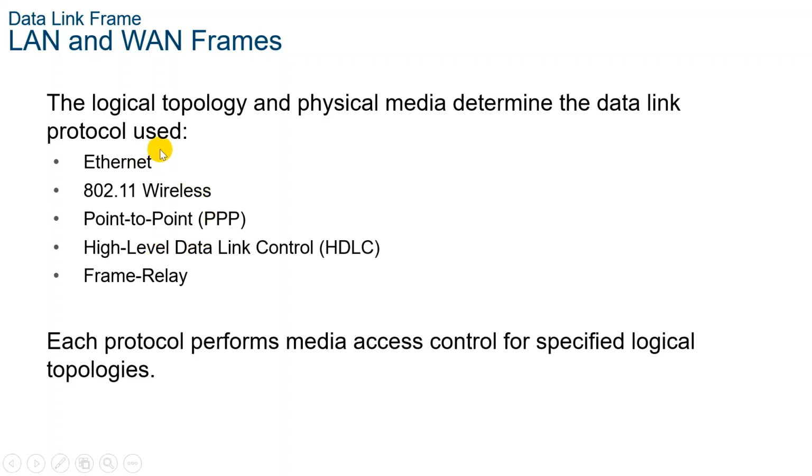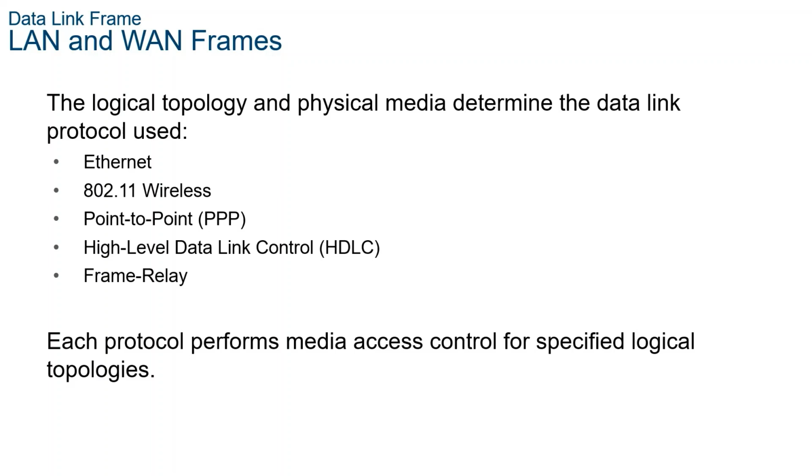In a TCP/IP network, all OSI layer 2 protocols work with IP at OSI layer 3. However, the layer 2 protocol used depends on the logical topology and the physical media. Each protocol performs media access control for specified layer 2 logical topologies. This means that a number of different network devices can act as nodes that operate at the data link layer without implementing these protocols.